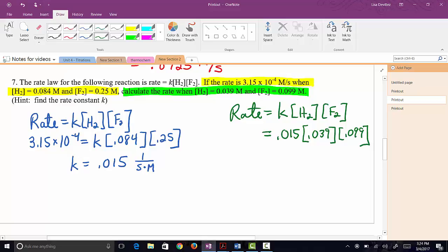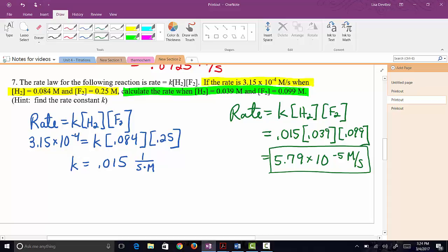And so that gives me 0.015 times 0.039 times 0.099. So that gives me 5.79 times 10 to the negative 5th molarity per second. So that would be my final answer for this question.